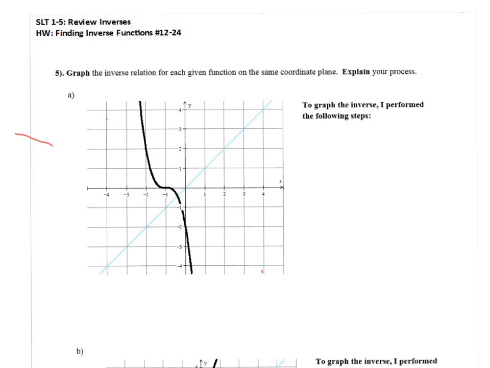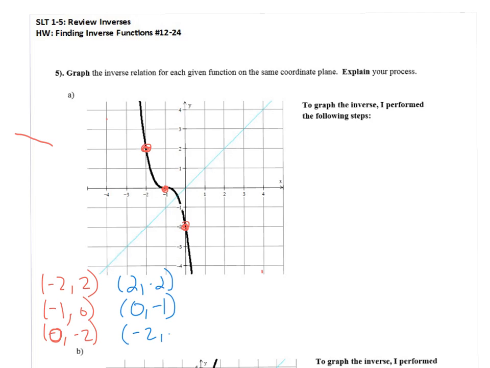So to graph the inverse, I'm going to first find some key points. So let's see: (-2, 2), (-1, 0), and (0, -2). And then the inverse reflects those.